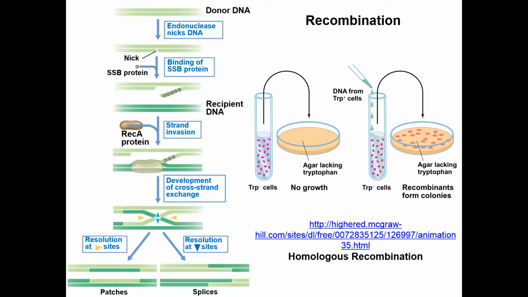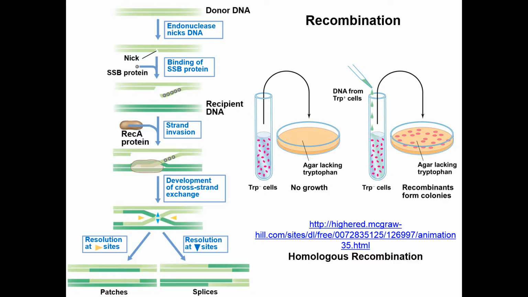Okay, so here you have a donor DNA. You have a double strand break. That's what that endonuclease does. It cuts the DNA. You get a double strand break in the DNA, and then you get single-stranded binding proteins.